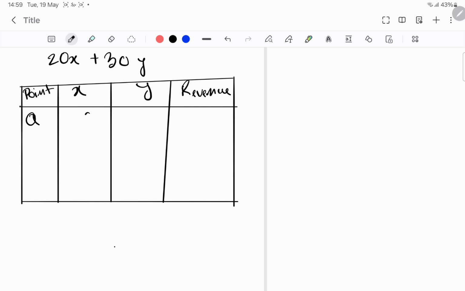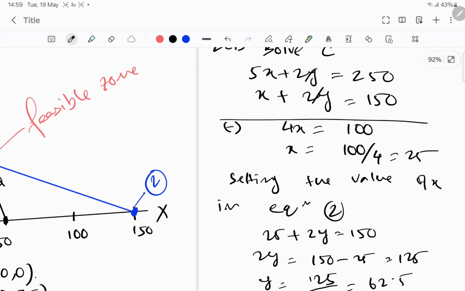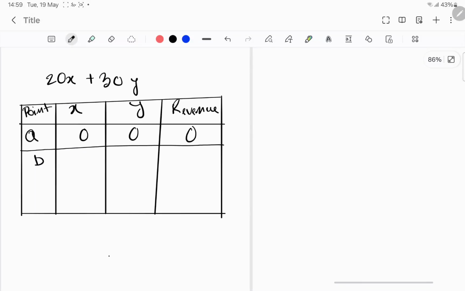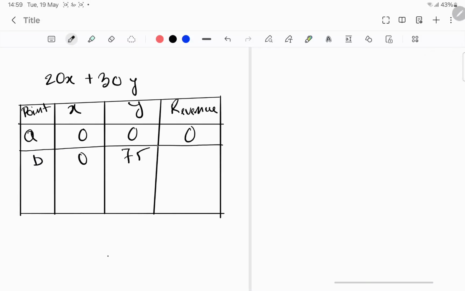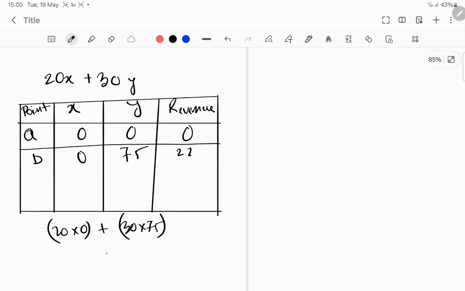Point first one is A, 0, 0, revenue will be 0. I'll show you a calculation for the next one. For B, it is 0, 75. How do we calculate it? 20 times 0 plus 30 times 75, that will be 2,250.